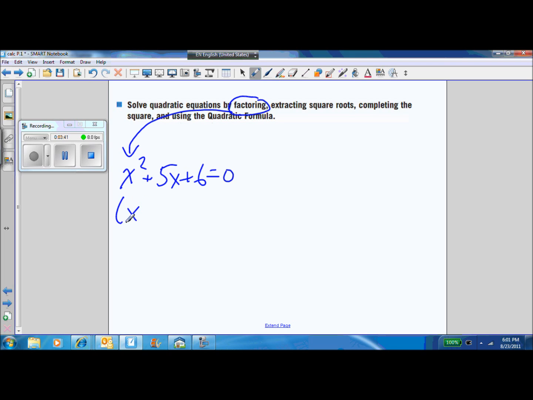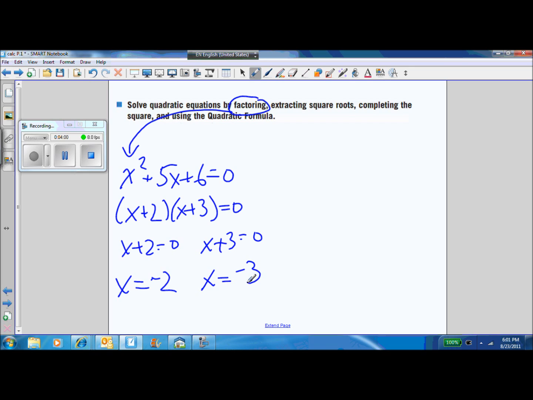And you can see that that factors into x times x, and factors of 6 that add up to 5. That's 2 and 3. So you get x plus 2 equals 0, x plus 3 equals 0, x equals negative 2, x equals negative 3.